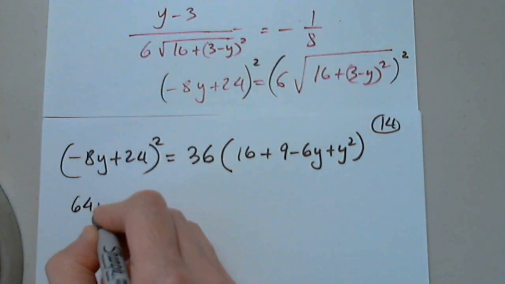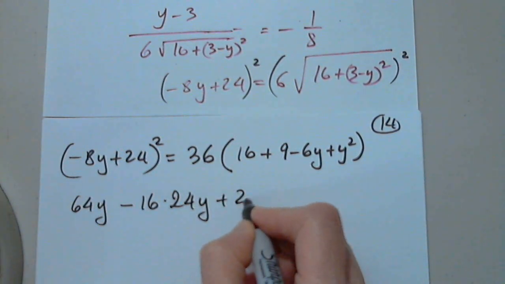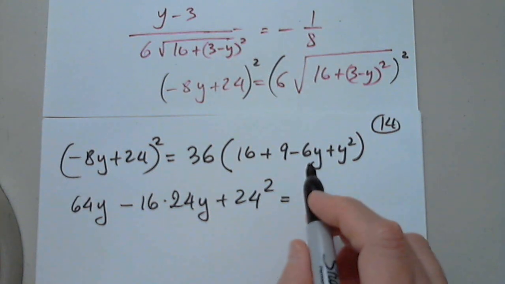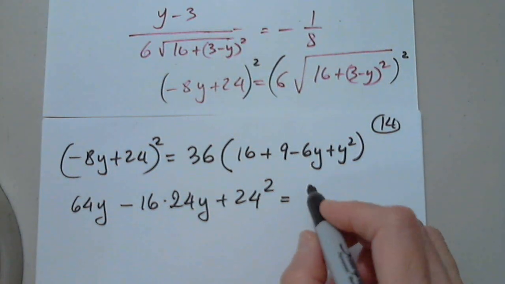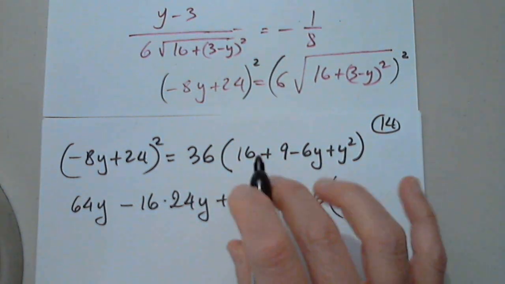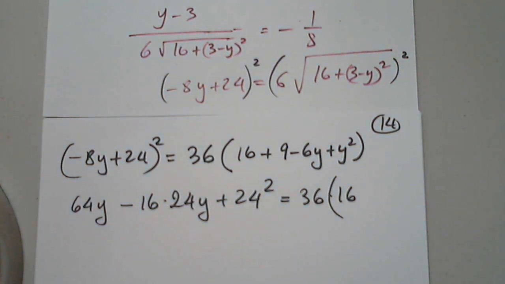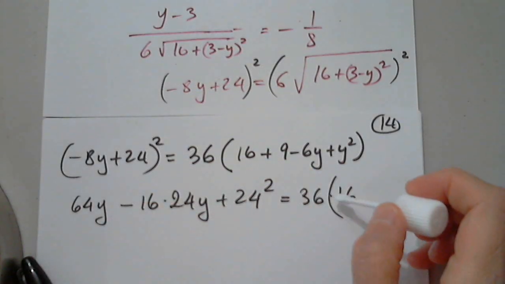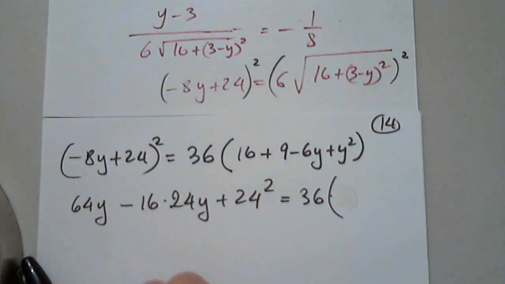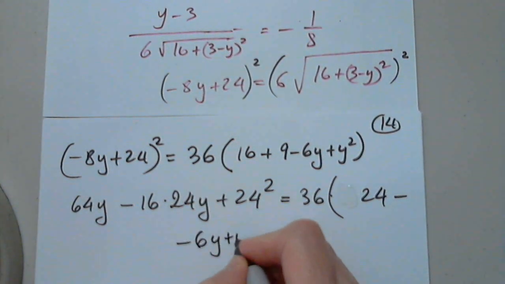So I have 64y minus 16 times 24y plus 24 squared equals 36 times 16. No, I'm just going to add first 25. Well, it changes into a polynomial, so that's encouraging. So 25 minus 6y plus y squared.